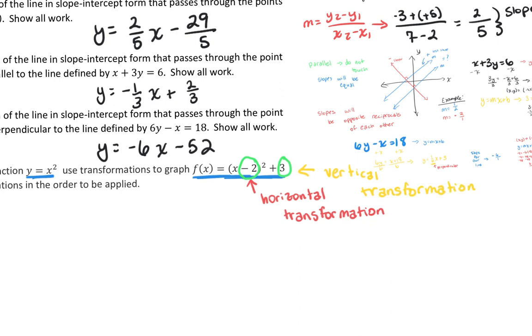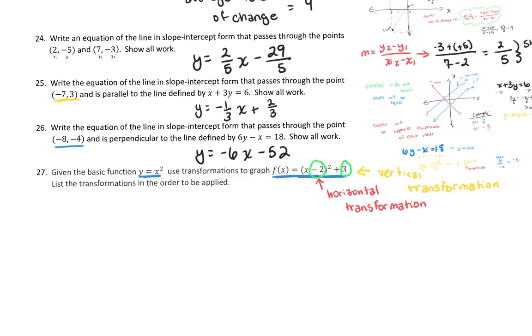Now to figure out what those transformations are. We are essentially adding 2 to our x, or we are shifting our x in the right direction 2 units.